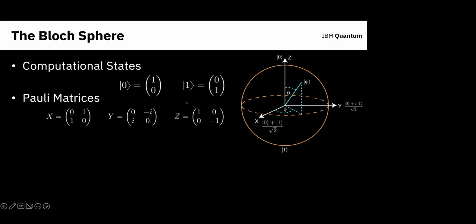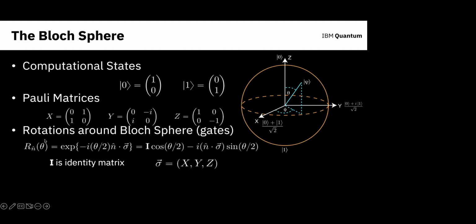But another important thing is that these Pauli matrices generate rotations around the Bloch sphere. You might have seen this equation if you took quantum mechanics, but it basically gives you the unitary matrix that executes a rotation by an amount theta around a unit vector n, given by this exponentiated unit vector n dotted with the vector of Pauli matrices, which is more easily calculated with this cosine and sine expression.